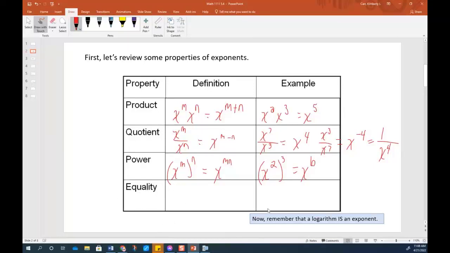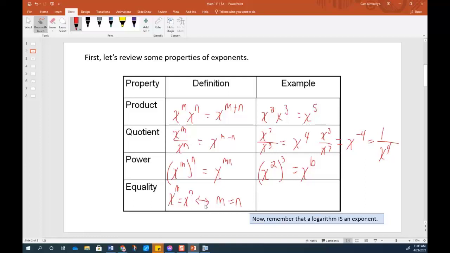Now the property of equality is sometimes just called the one-to-one property, and it's kind of an if-then. What we know is that if we have x to the m is equal to x to the n, then that would indicate that m was equal to n. And this is double-headed because it goes both ways.